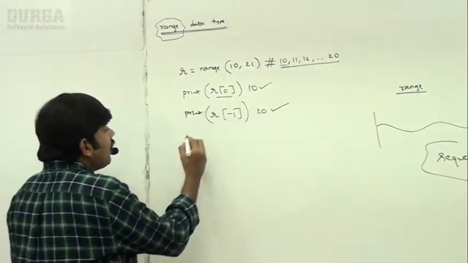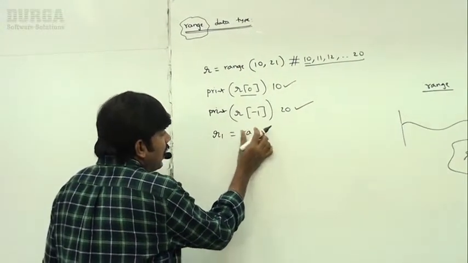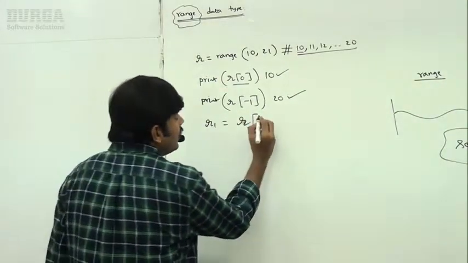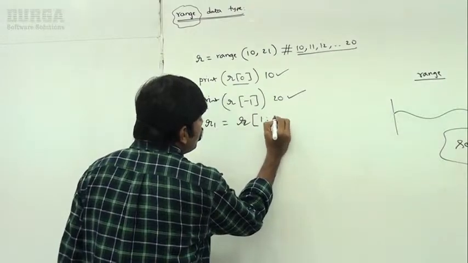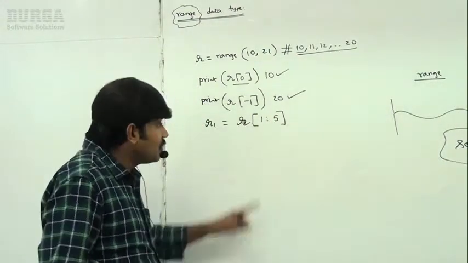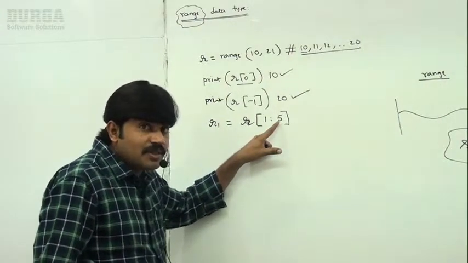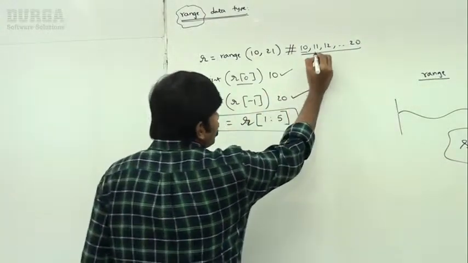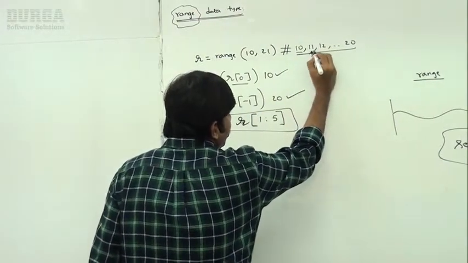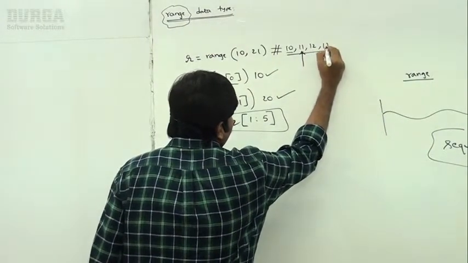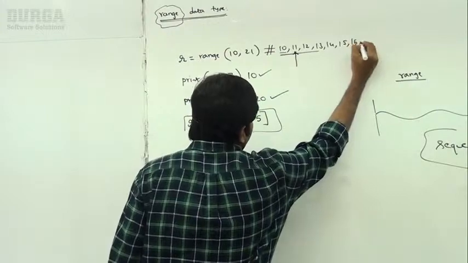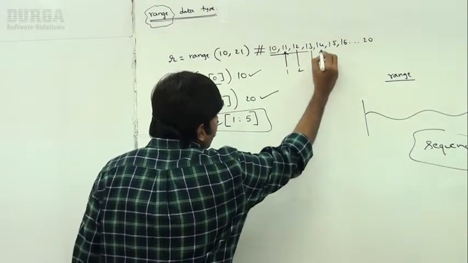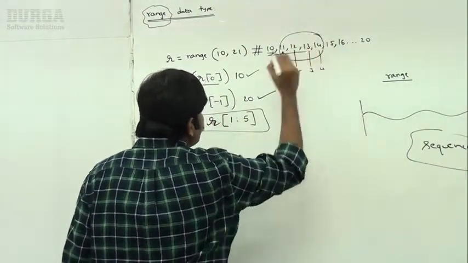Observe carefully. R1 is equal to R of slice operator. I want from 1 to 5, that is, from index 1 to index n minus 1, meaning the fourth index. One index means 11: 11, 12, 13, 14, 15, 16 and so on up to 20. So index 1 to index 4 means 11 to 14.